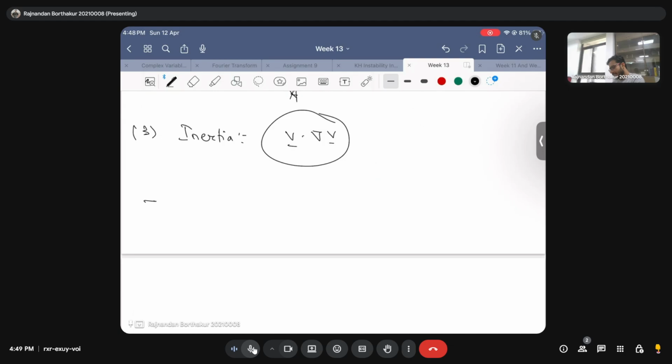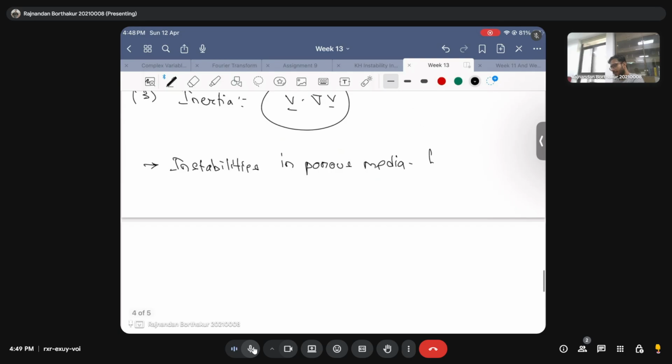Now you can see instabilities in porous media as well. One of the very famous instabilities in porous media is known as Saffman-Taylor instability.